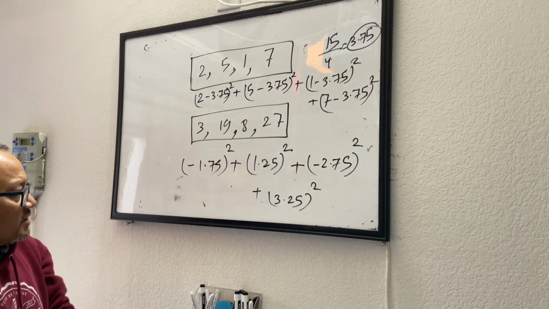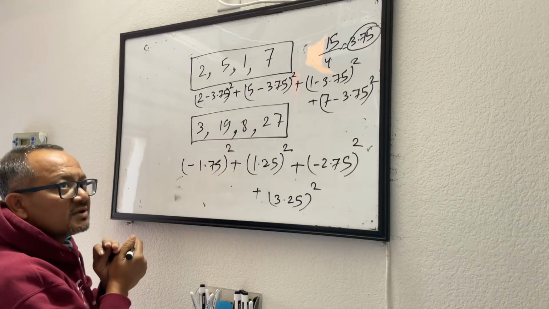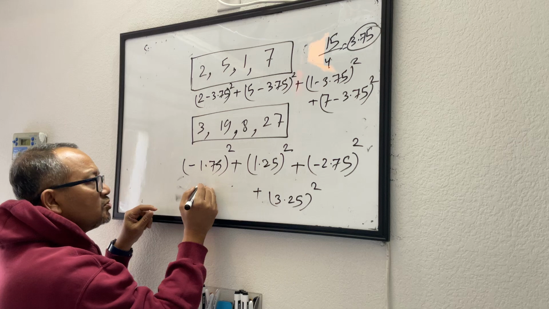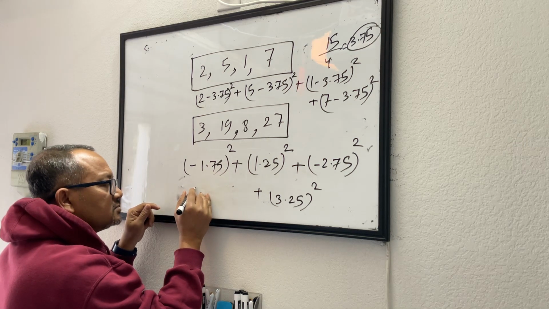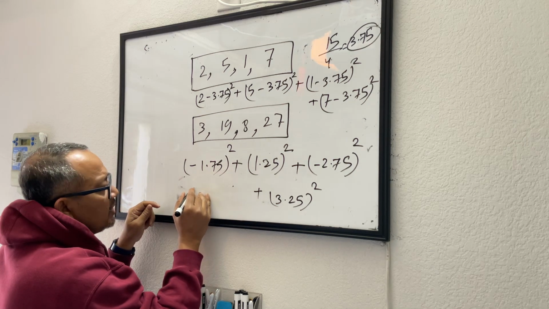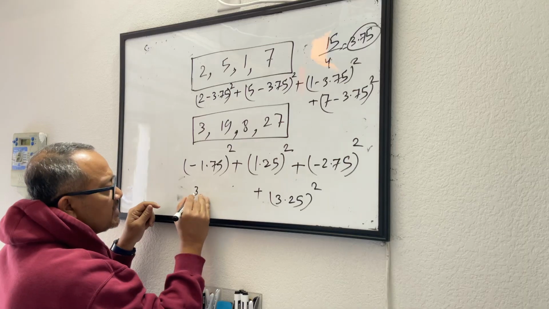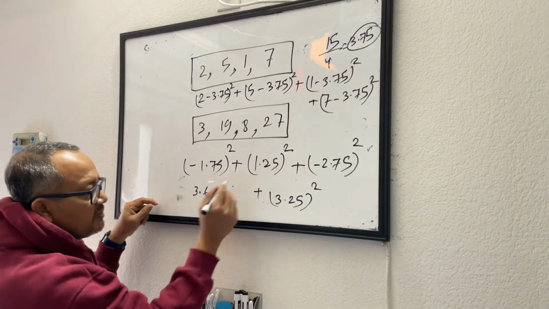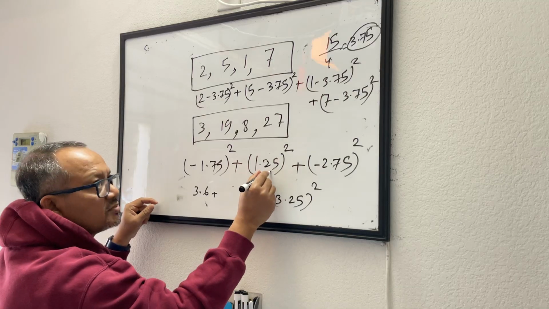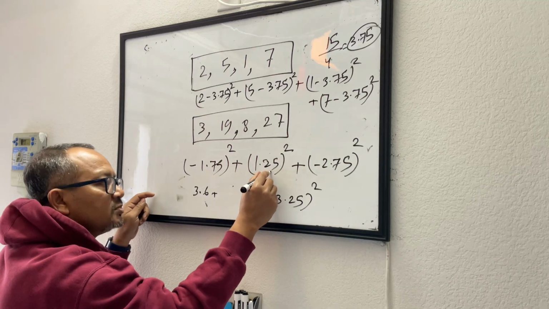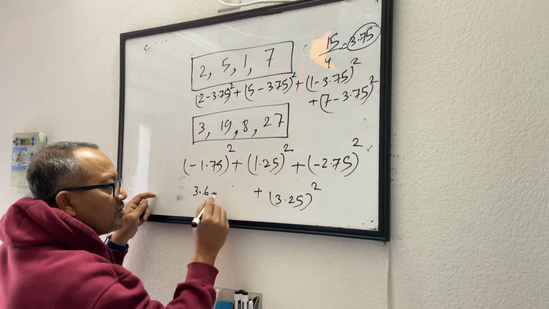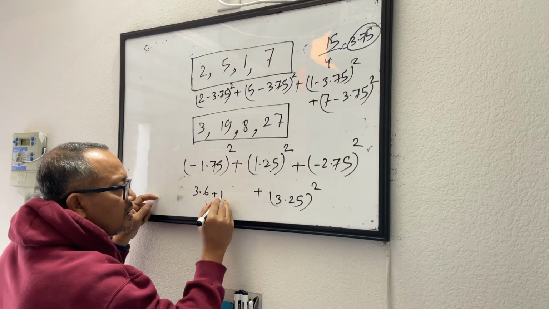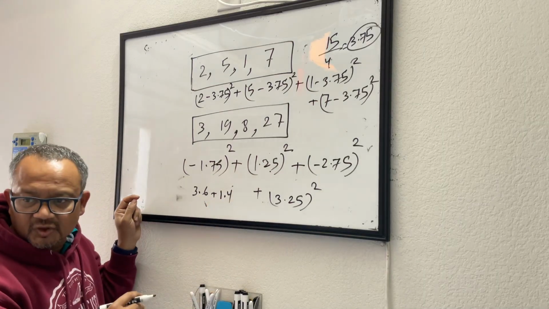Let's add them together. This will be close to 3, let's say 3.6. And this will be 1.25, so it will be close to 1.4. Okay.